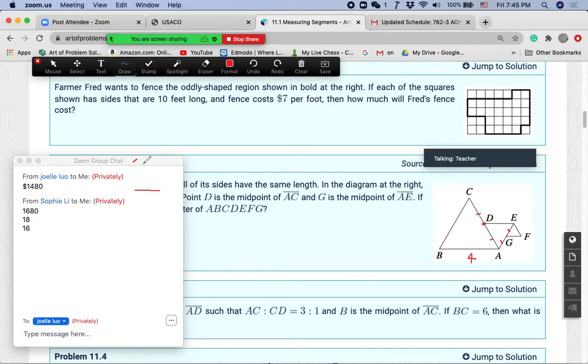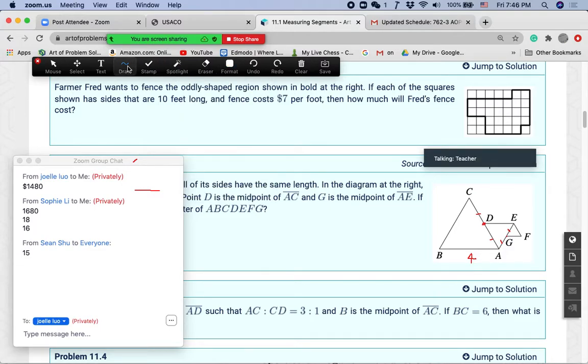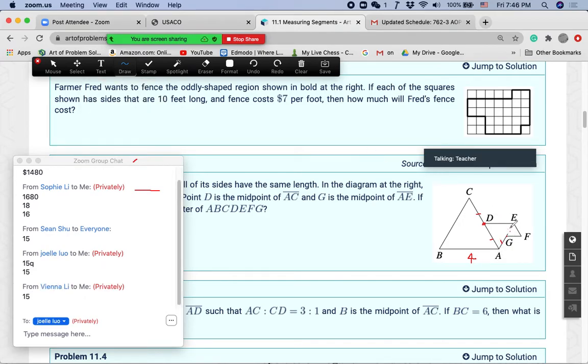Let me draw something, then we'll make this more clear. So start from A, B, C, D, E, F, G, A. So that means we need to take away this part, and also we need to take away this part.